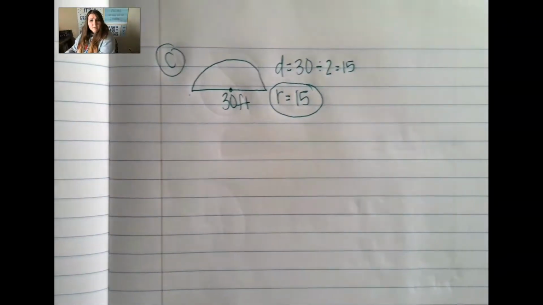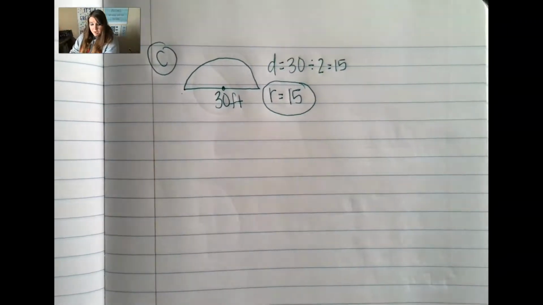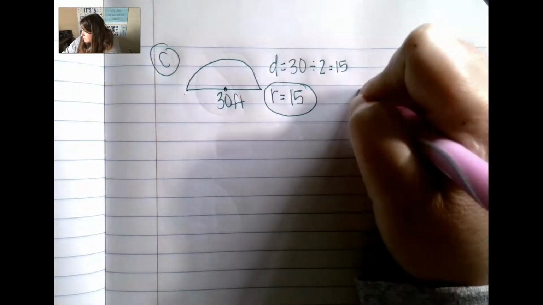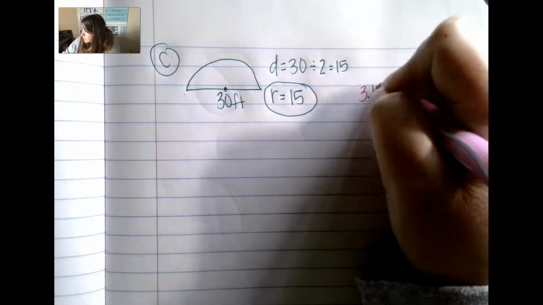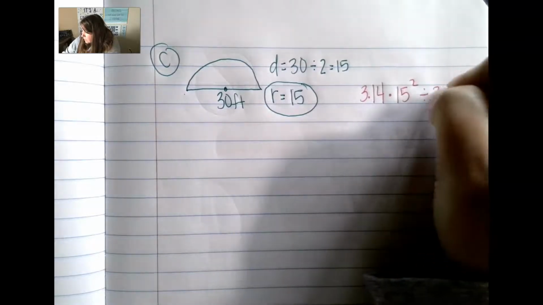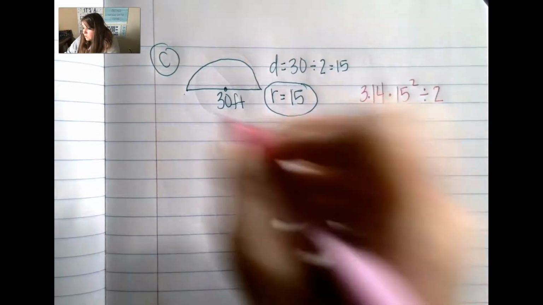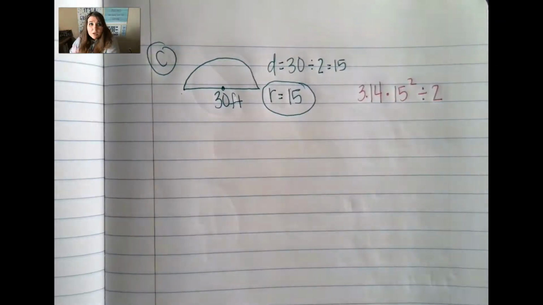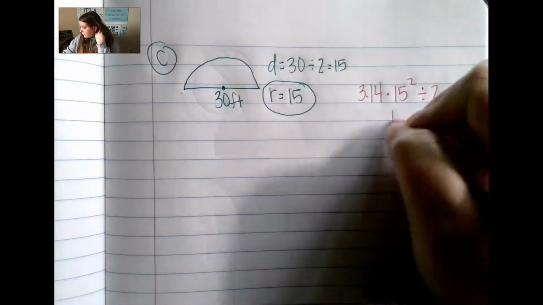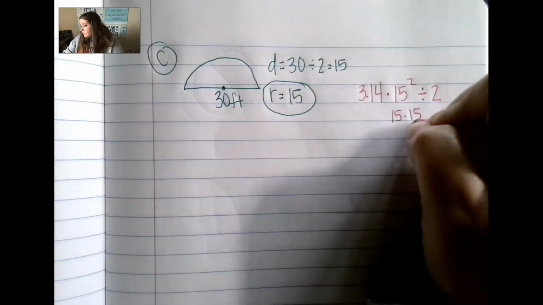We're going to be using 15 as our number to solve this problem. Again, 3.14 times 15 squared, and we're going to divide it all by 2 because it is a semicircle, not a full circle. All right, so let's look at 15 times 15.